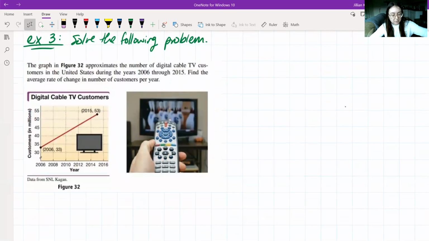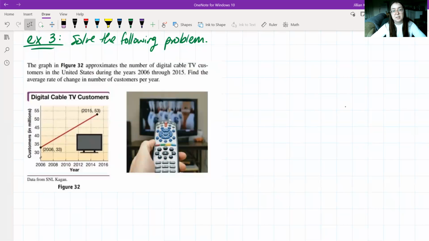So we want to solve the following problem. The graph in figure 32 here, which is our graph that we're given, approximates the number of digital cable TV customers in the United States during the years 2006 through 2015. Find the average rate of change in number of customers per year.